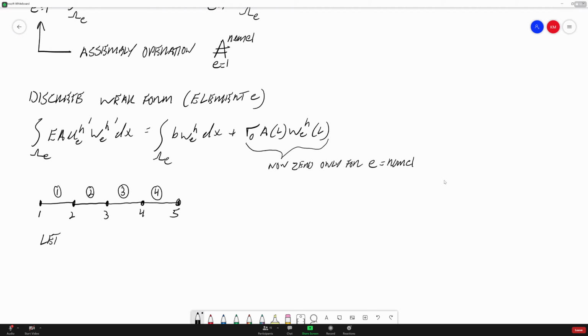And let our Rayleigh-Ritz method be UEH of C equal to NE of C DE. And this is our trial function in element E.